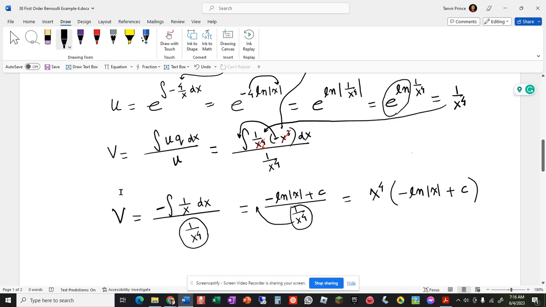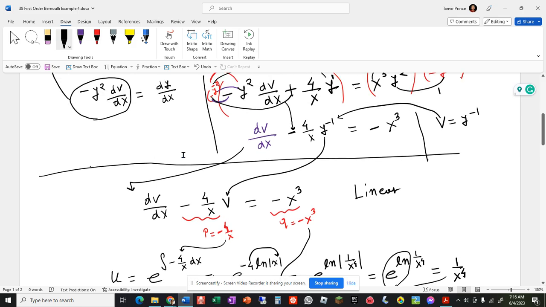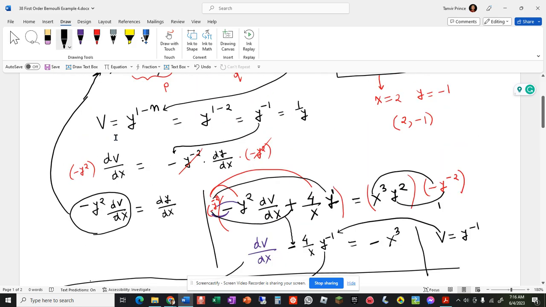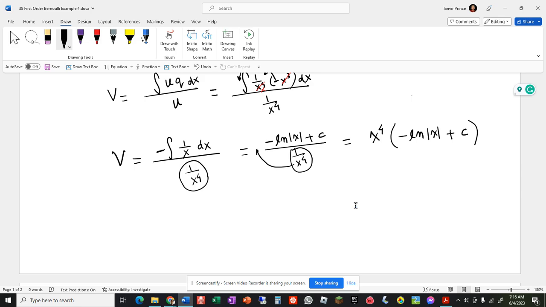So finally, I have to rewrite what is my v. So let's go back and check my v. The substitution that we make is v is y to the power -1 or 1 over y. So let's do the substitution. So my v is 1 over y equal to, and then I copy this.